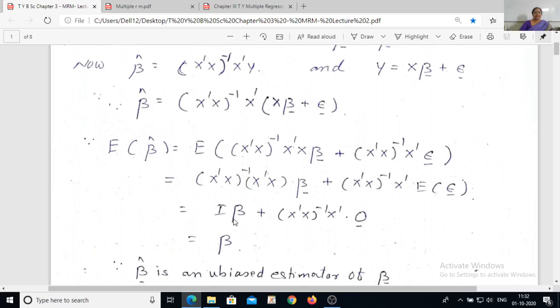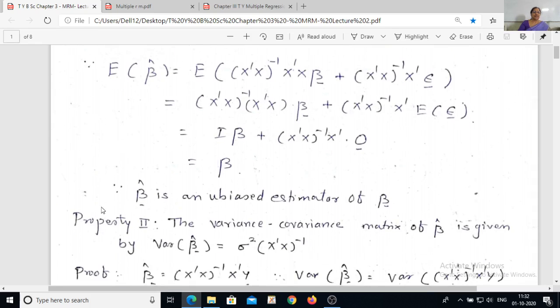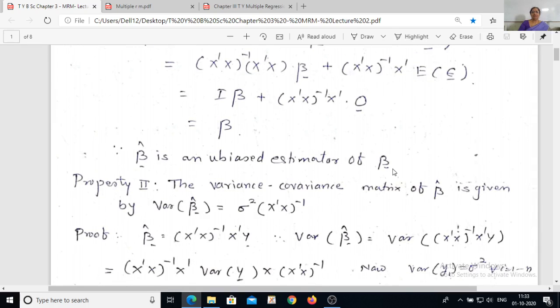Therefore this is beta plus the expected value of epsilon, which is 0, because it is our model assumption that the expected value of epsilon is always equal to 0. Therefore the expected value of beta cap is beta. Therefore we say that beta cap is an unbiased estimator of the population regression coefficients beta, where beta is a vector of order p plus 1 by 1.